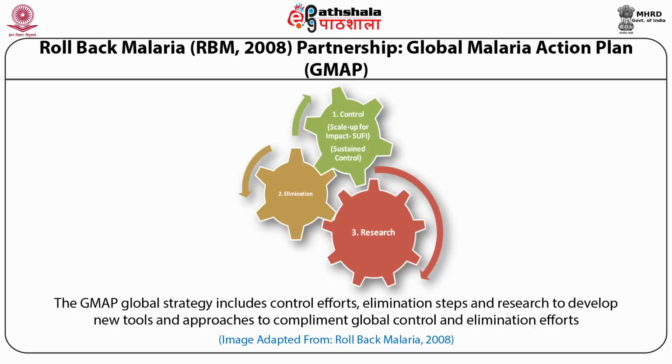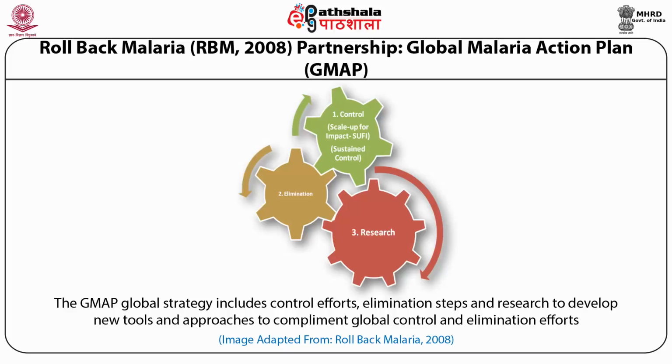The long-term goal of GMAP is to make a malaria-free world through progressive elimination steps. The progressive goals target, first, to reduce global malaria incidence by 50% in 2010 and by 75% in 2016 with respect to the number of cases in 2000.